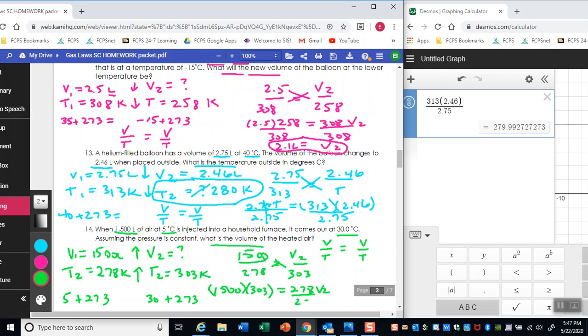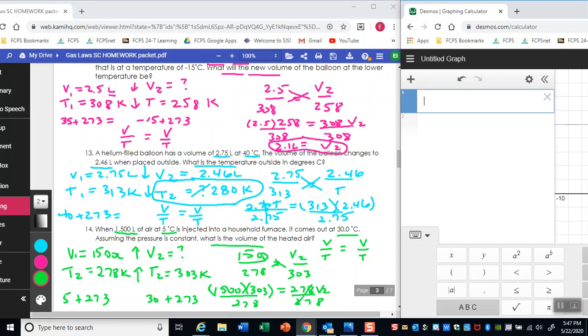So I'm going to divide by 278, so that goes away. Then over here, I've got 1500 times 303 divided by 278.